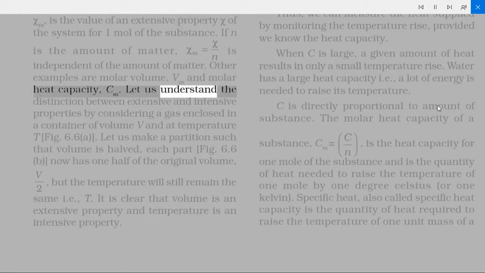Let us understand the distinction between extensive and intensive properties by considering a gas enclosed in a container of volume V and at temperature T, Fig 6.6 a. Let us make a partition such that the volume is halved. Each part, Fig 6.6 b, now has half of the original volume, V/2, but the temperature will still remain the same, i.e., T. It is clear that volume is an extensive property and temperature is an intensive property.